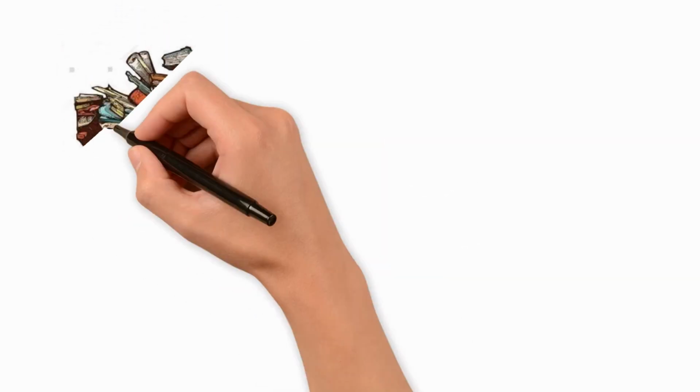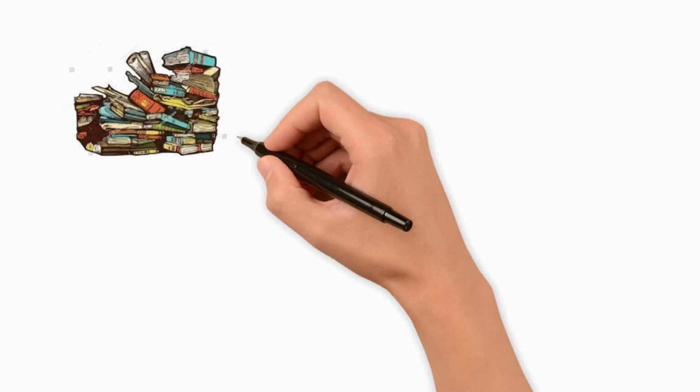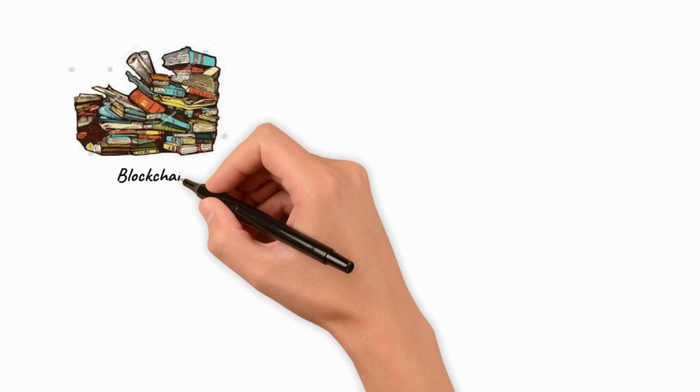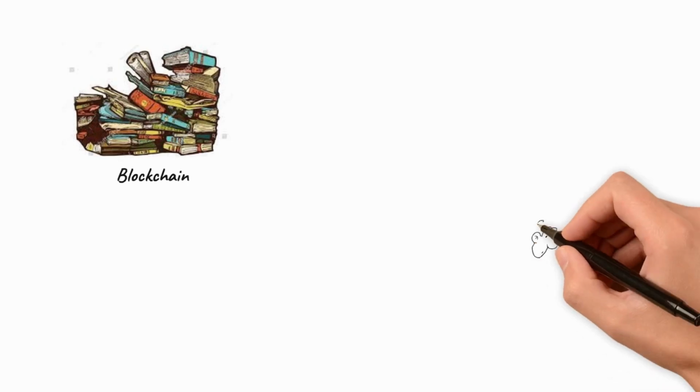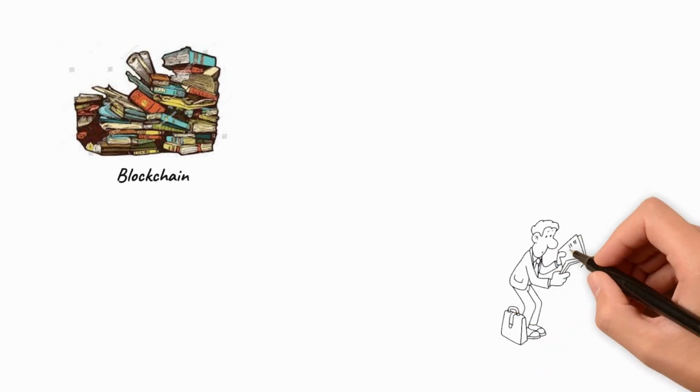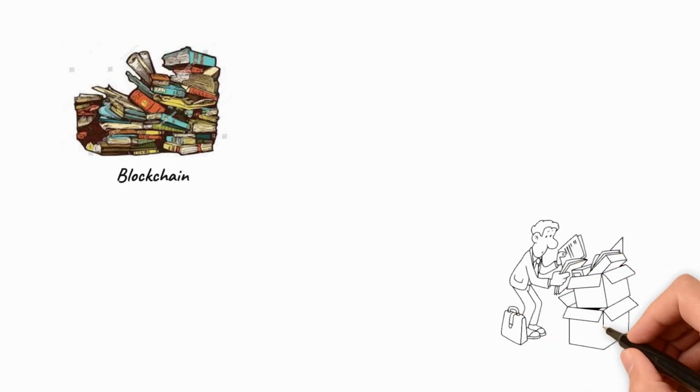Imagine you have a big, messy book with lots of information written in it. This book is like the blockchain, where data about things like digital assets, like NFTs or transactions are stored. However, the book is so chaotic that finding specific details is really hard.